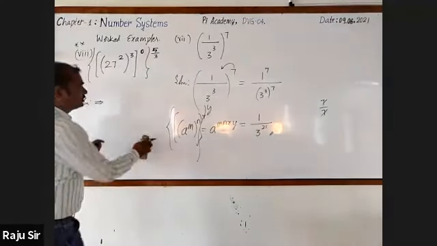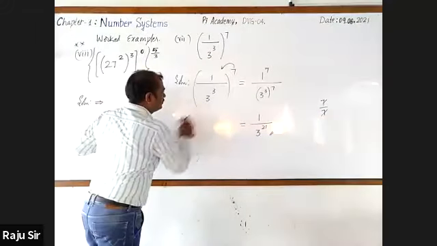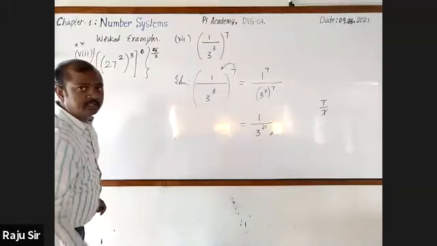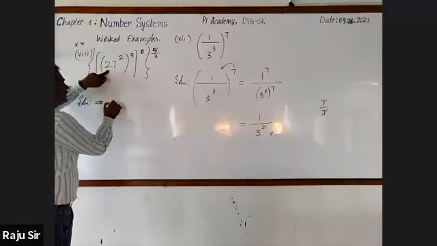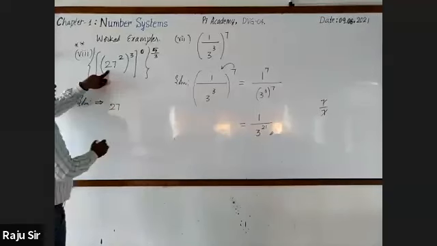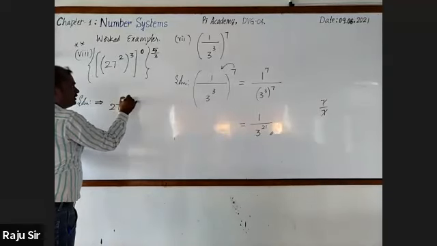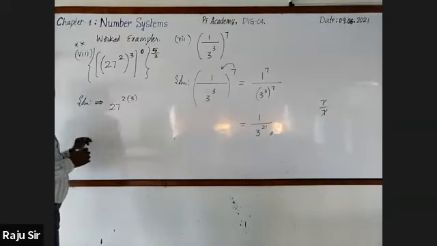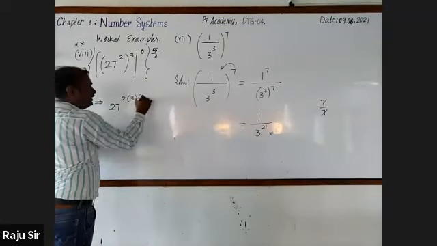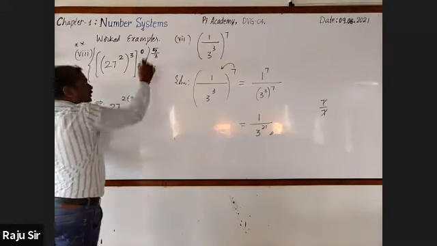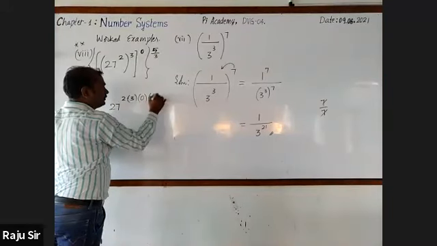So, according to this, we can write the given statement. I'm writing it directly like this: 27 square, into 3, or I'll put bracket, into 0, into 5 by 3.